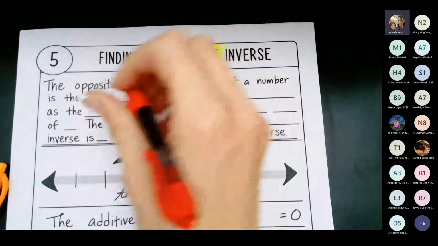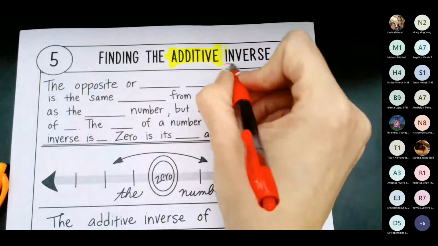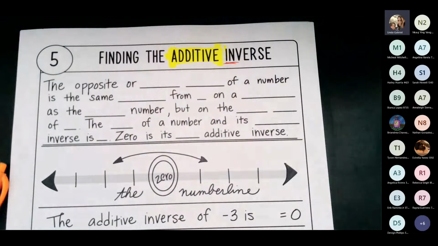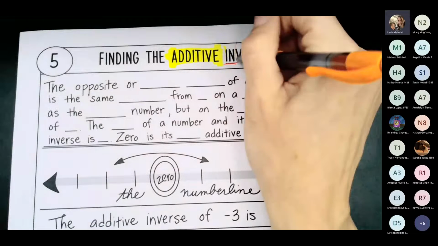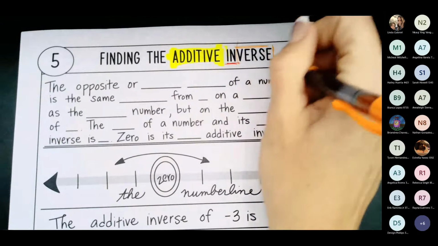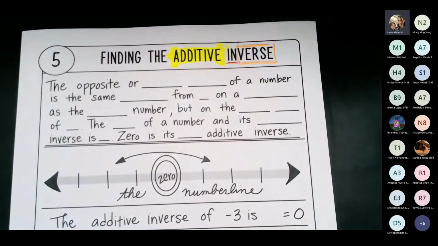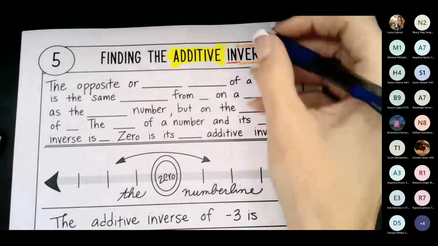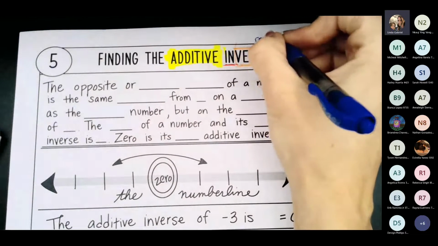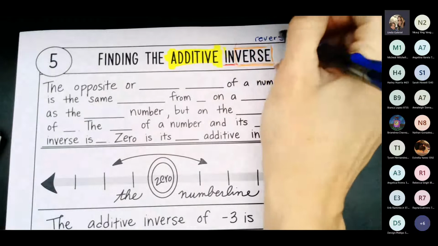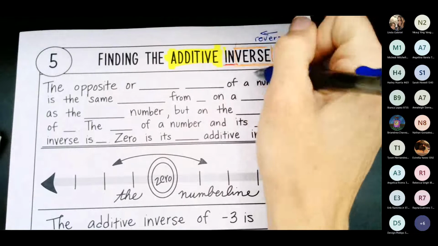Okay. So finding the additive inverse. All right, so let's look at the word inverse. Okay. We know reverse, right, is to go backwards.